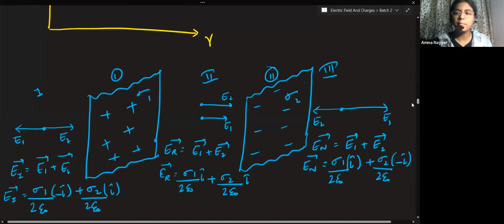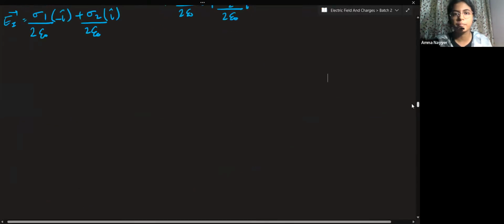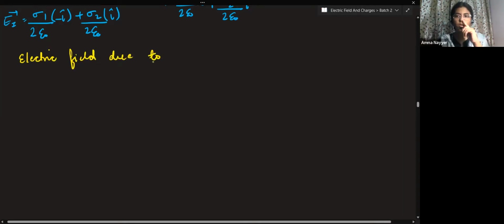Now the last application of it. Applications we have seen, the last application of this: electric field due to, now see what all are possible in this derivation.